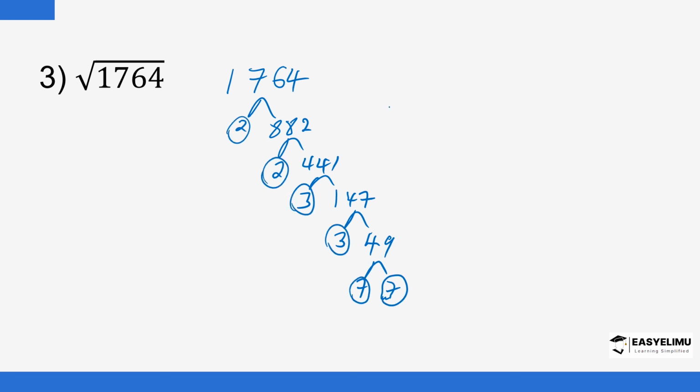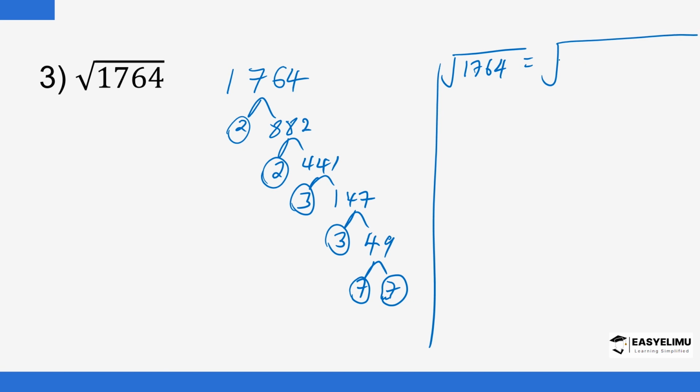So you just multiply these. It means the square root of 1764 should be equal to the square root of 2 by 2, 3 by 3, and 7 by 7, the product of all these ones here.